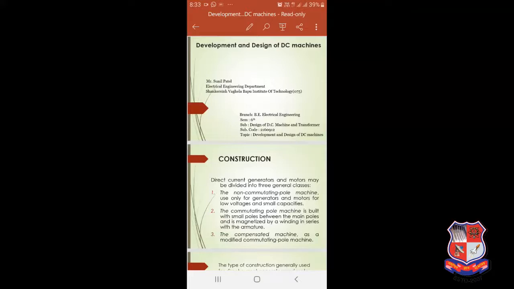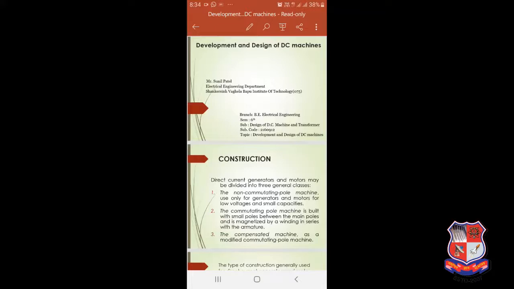Now the DC machine has different types. It is basically divided into 3 parts: separately excited, self-excited and permanent magnet. Now the self-excited is further divided into 3 parts: shunt excited, series excited and compound excited.